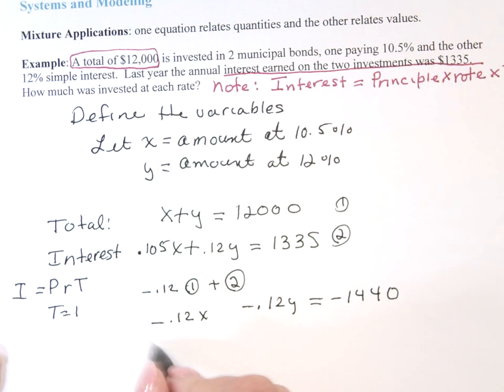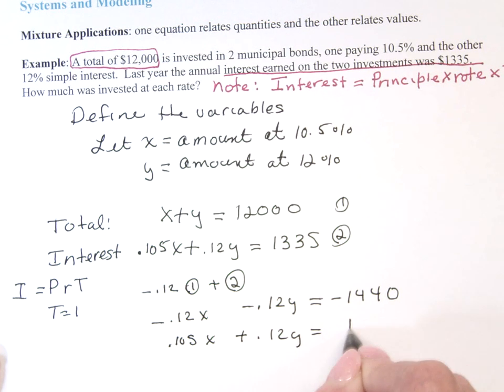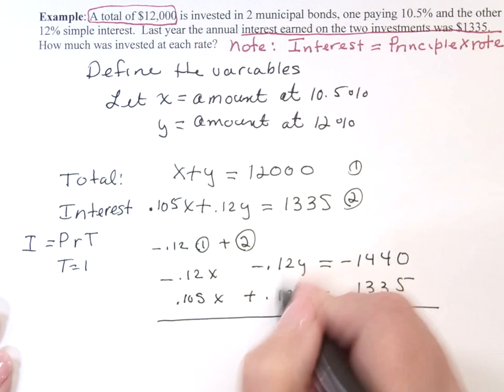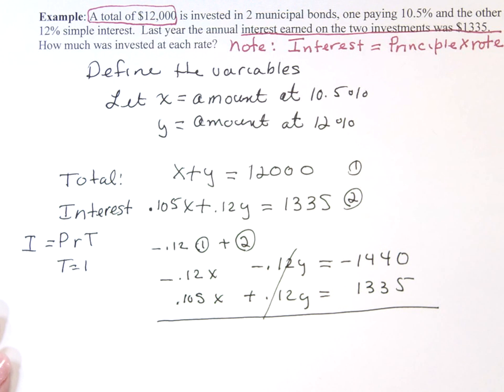Then I'm going to add 0.105x plus 0.12y equals 1335. So the y's drop, and I get negative 0.015x equals negative 105.